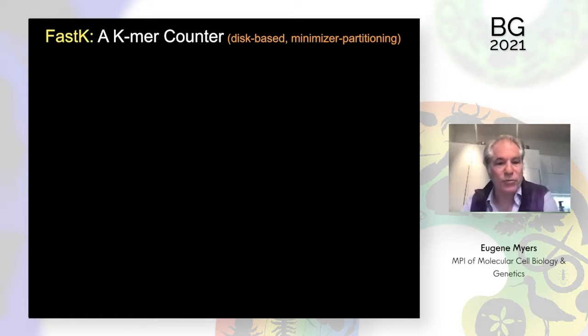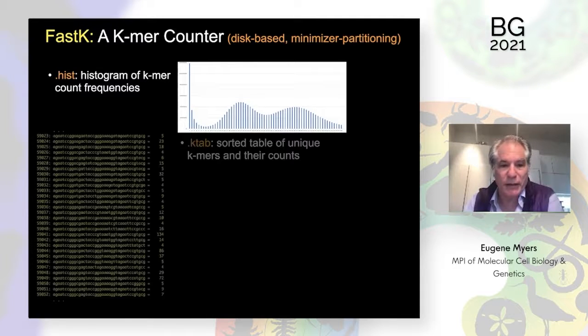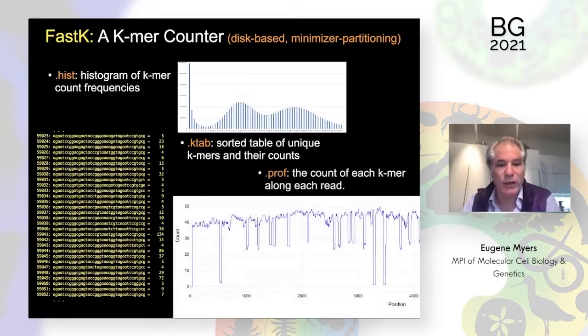It can produce 3 different outputs. First, a histogram of the frequencies of the K-mers. Second, an alphabetically sorted table of the K-mers found in the data set, along with their counts. And finally, a read profile for each read that gives the count of each consecutive K-mer along the read.